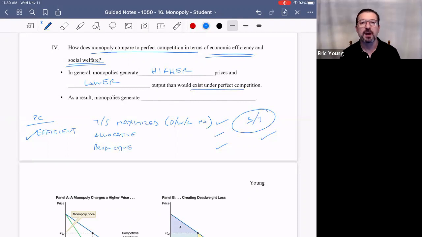So just straight away, we know that monopolies tend to charge more and produce less in comparison to perfect competition. As a result of that, we will say that monopolies generate dead weight loss. So right away, 0 for 1.